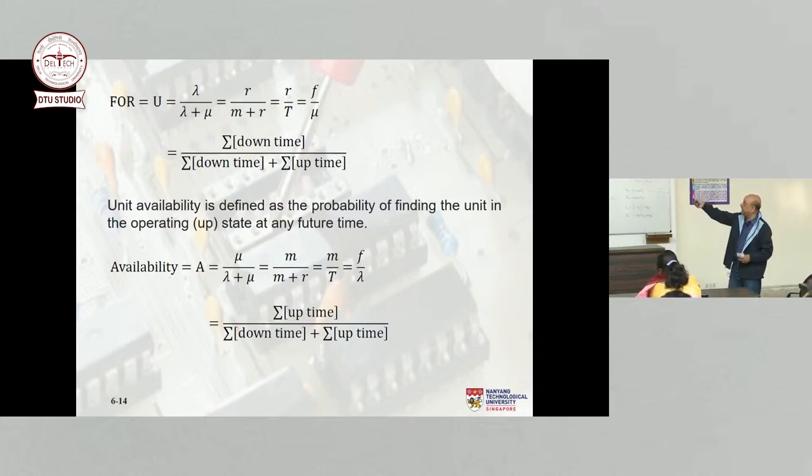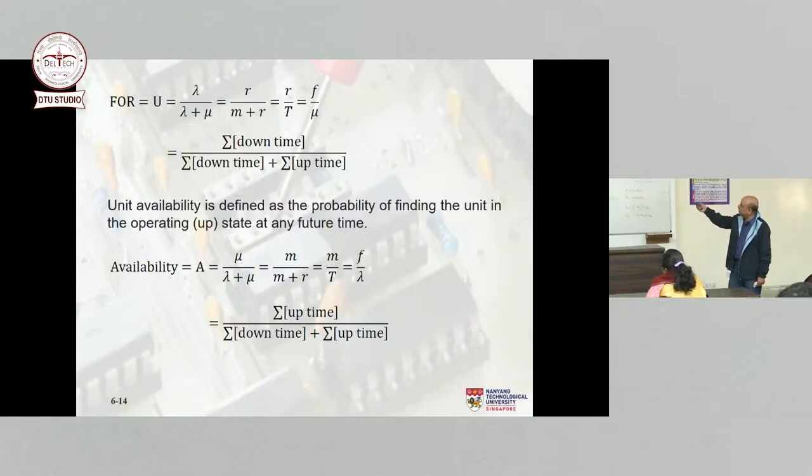So unavailability is lambda over lambda plus mu, and of course we know lambda is 1 over m, and we know mu is 1 over r. Remember that? Where m is the mean time to failure and r is the average outage time or the mean time to repair. MTTF, MTTR, MTBF, if you combine the two, mean time between failures, right?